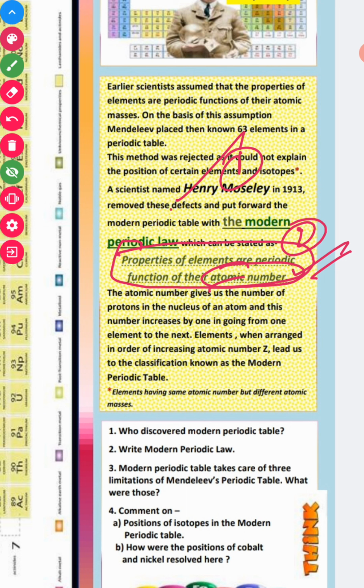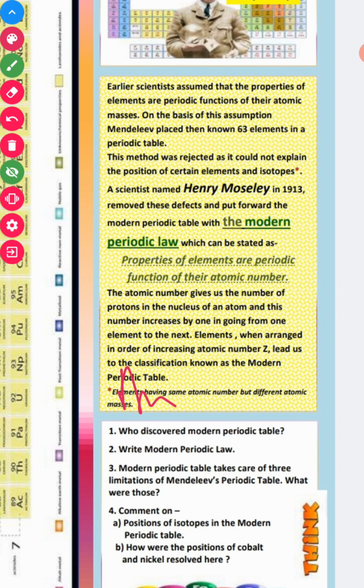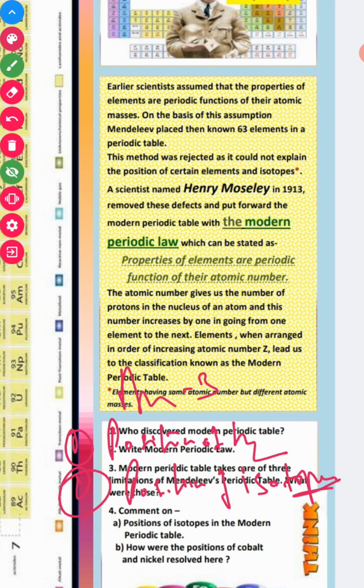The position of hydrogen in the periodic table is uncertain because hydrogen is placed in the first group with the alkali metals, so its position is not clear. Second, the position of isotopes, which was cleared after the modern periodic table.